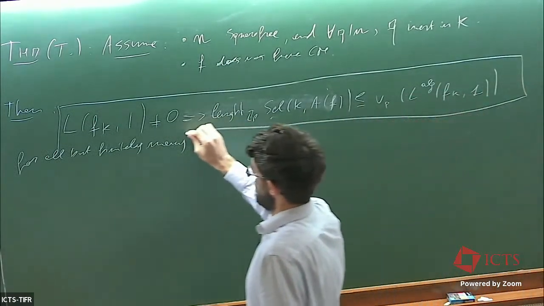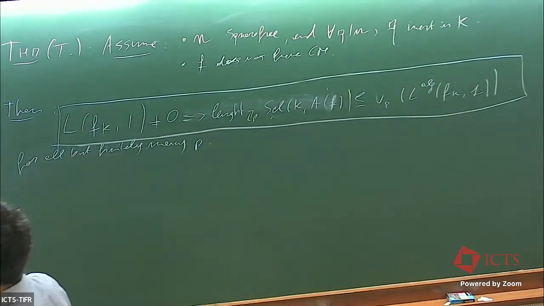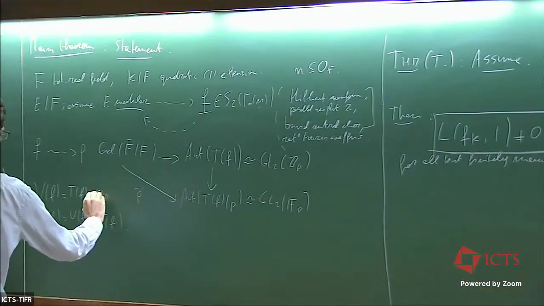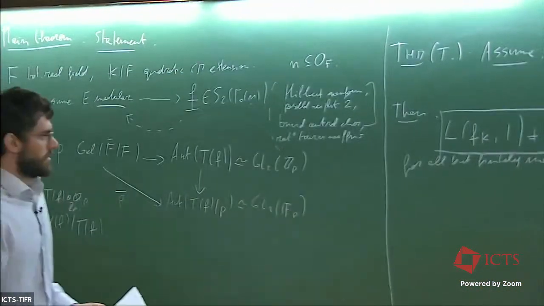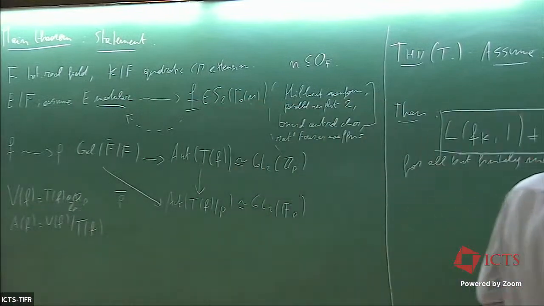Okay, maybe let me write it here. So here, as before, V of f is T of f tensor Q_p, and A of f is V of f modulo T of f. All right, so this is the statement.